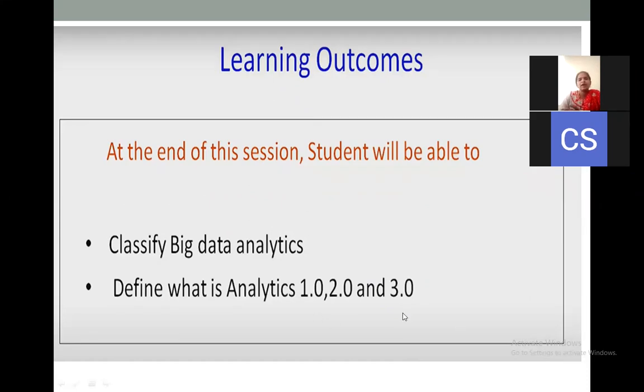But before that, we will learn how to classify big data and what the different classes are.